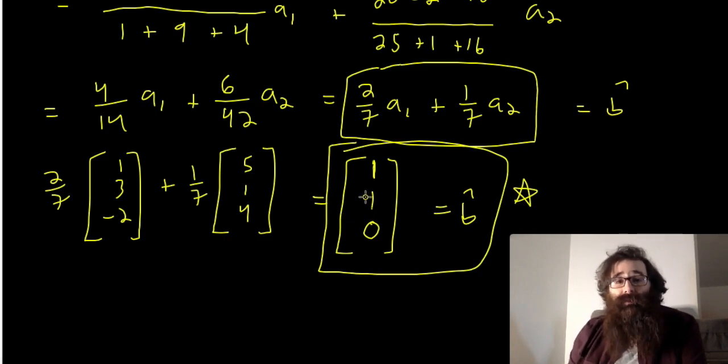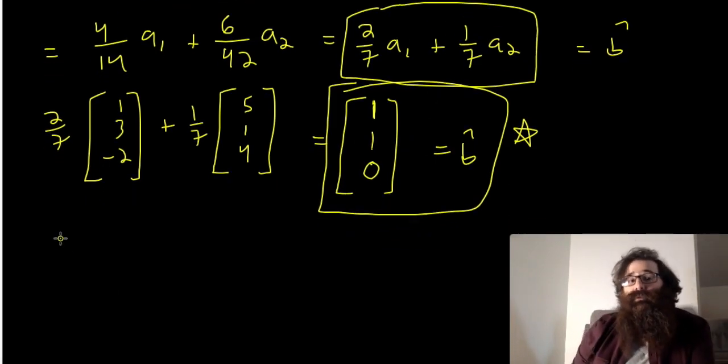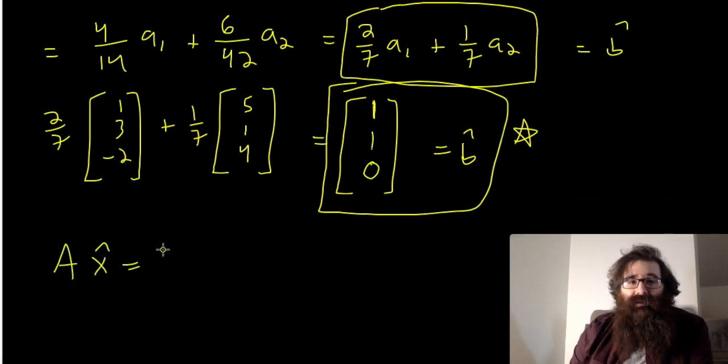But I still want to maybe know what x hat is. I want to know what x hat is because that's going to bring me from the column space of A to the projection. What is vector x hat? Well, it's lurking here somewhere in our work. Remember, A times x hat equals b hat. X hat must be the weights on the columns of A that bring us to vector b hat.